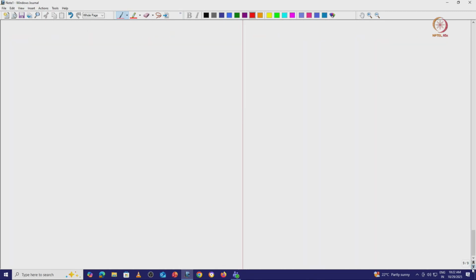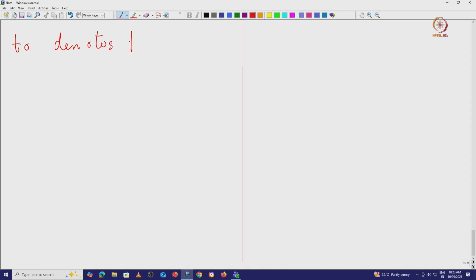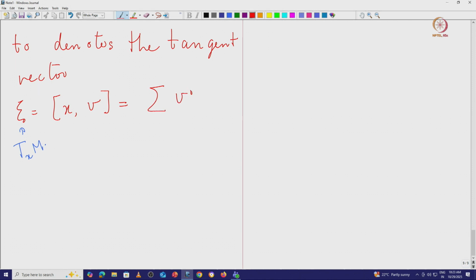So what do these coordinates mean? This tuple x1 to xn, v1 to vn basically just denotes the tangent vector. My notation will be that I will denote tangent vectors as x comma v. So, you should think of this as a tangent vector at x, which is simply the tangent vector given by v^i del by del x^i at x.